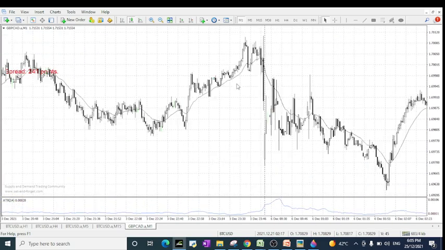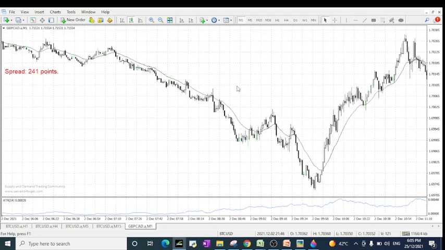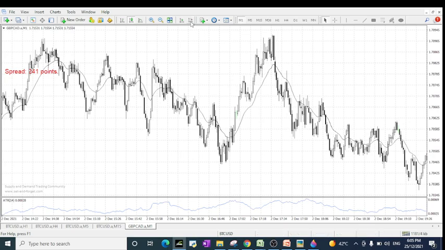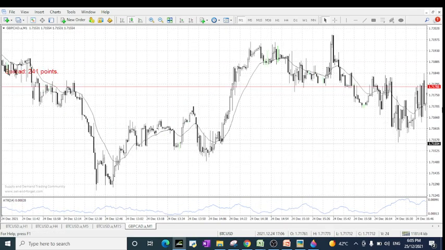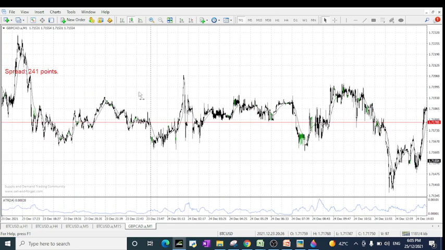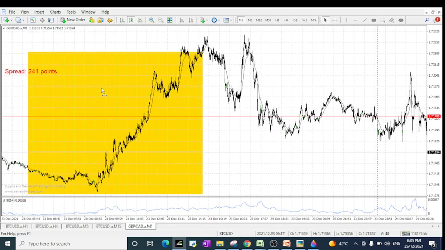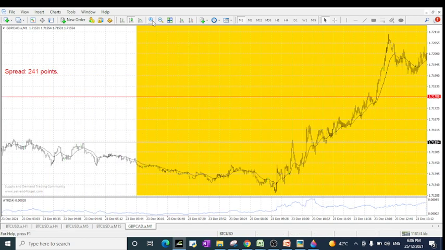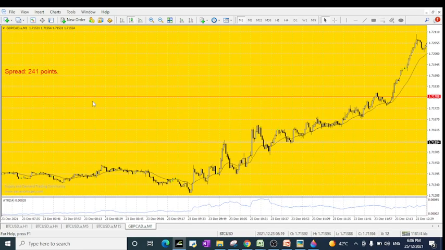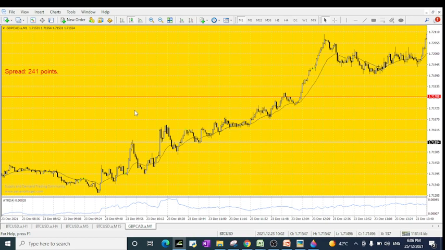Okay, so this is 1 minute chart. You can see what it looks like. I mean, of course, I don't trade the 1 minute, but just for illustration purposes, the moves are more pronounced on the 1 minute chart.